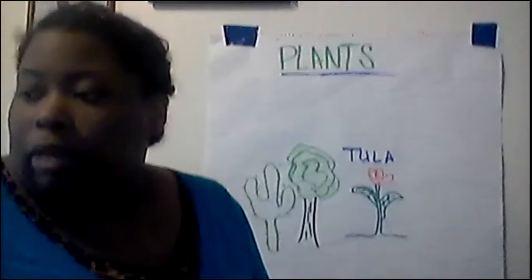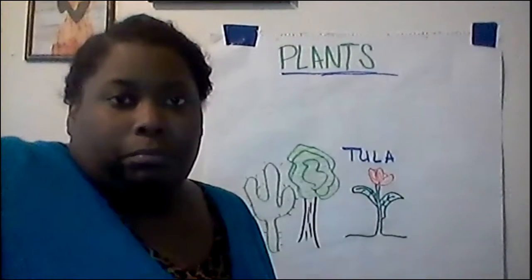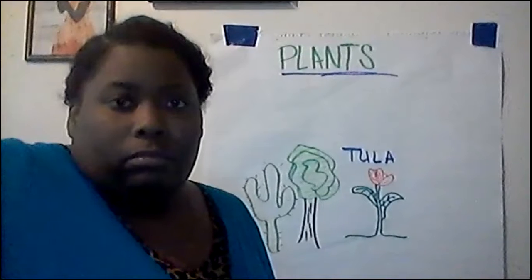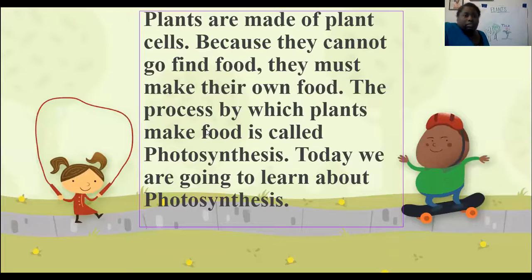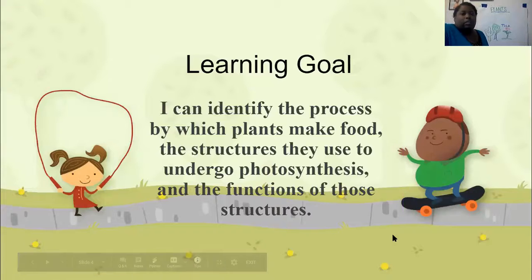So one of our learning goals, I'm going to share the screen again. Let's go back. One of our learning goals was I can identify the process by which plants make food, the structures they use to undergo photosynthesis, and the function of those structures.